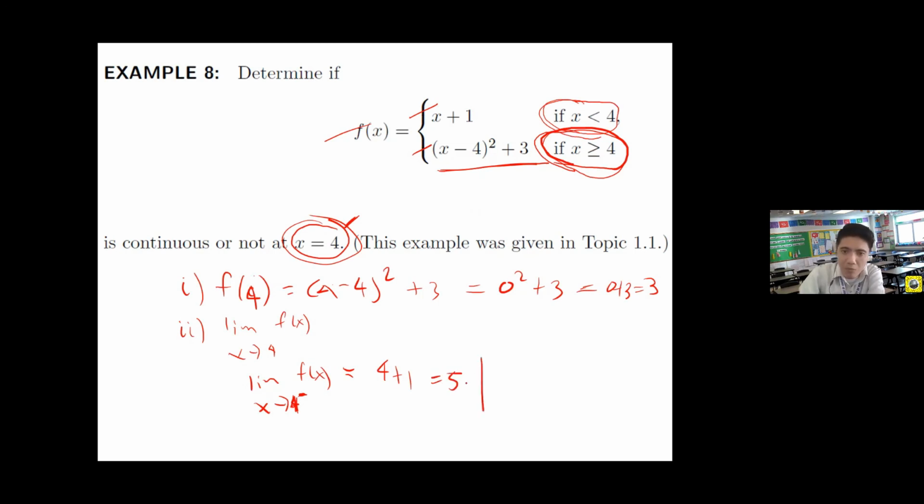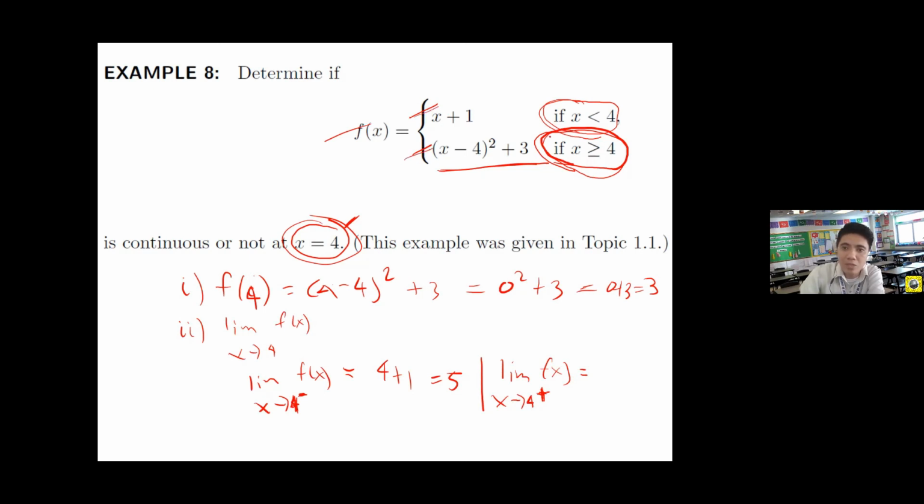Then kailangan po nato kuhaon si limit of f of x as x approaches to 4 from the right. So again, 4 from the right. So meaning nasa right ni 4. So asa ta mag-substitute, sa taas or sa baba?